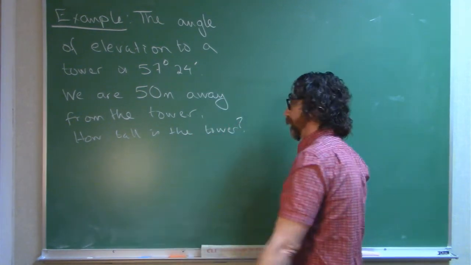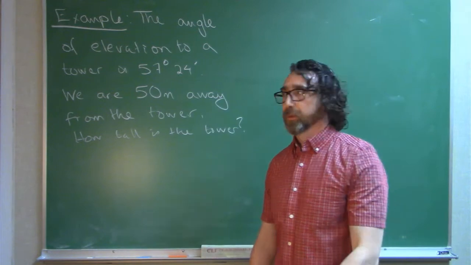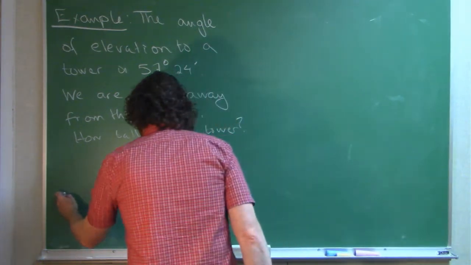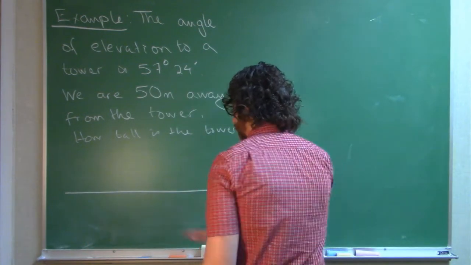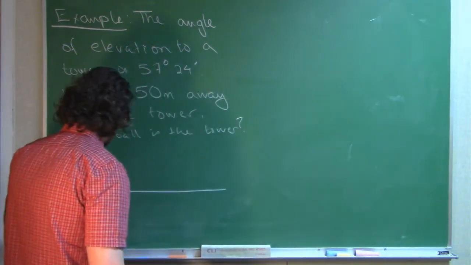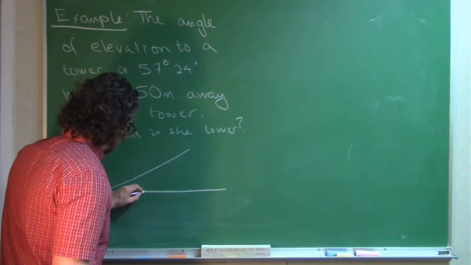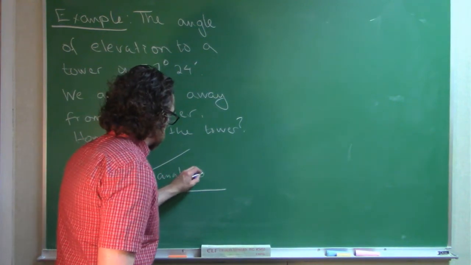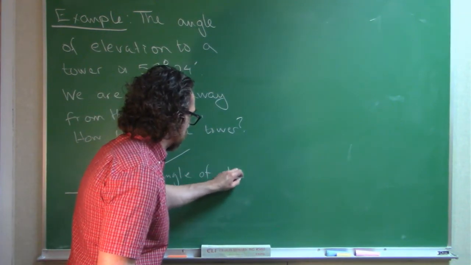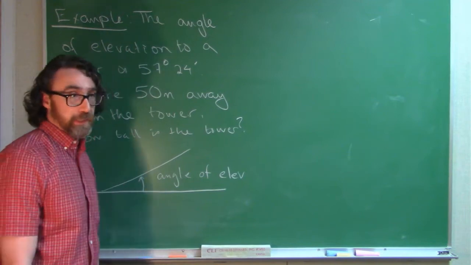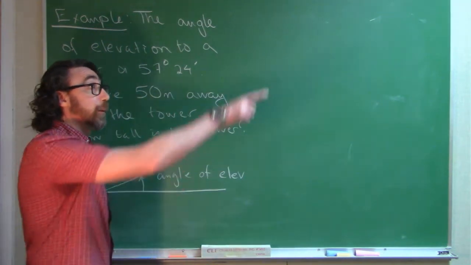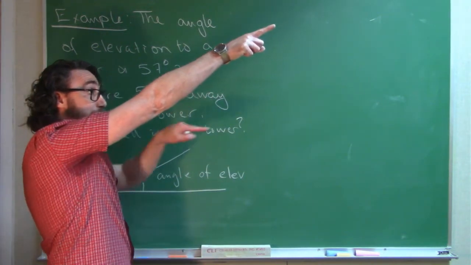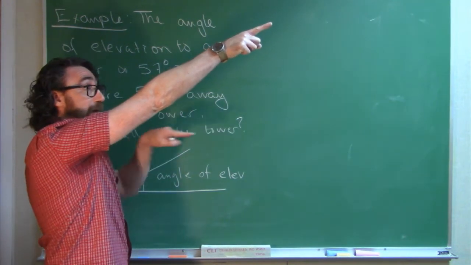Just so we're all on the same page here, here's your horizontal. If you're looking up at something, we call that the angle of elevation. If I'm looking up at the corner of that room, the angle that makes with the horizontal is the angle of elevation.